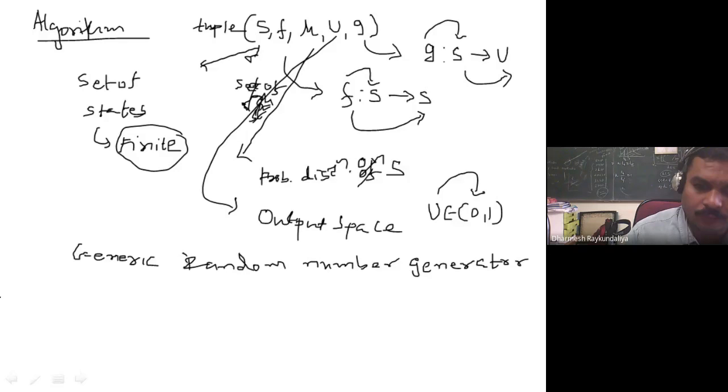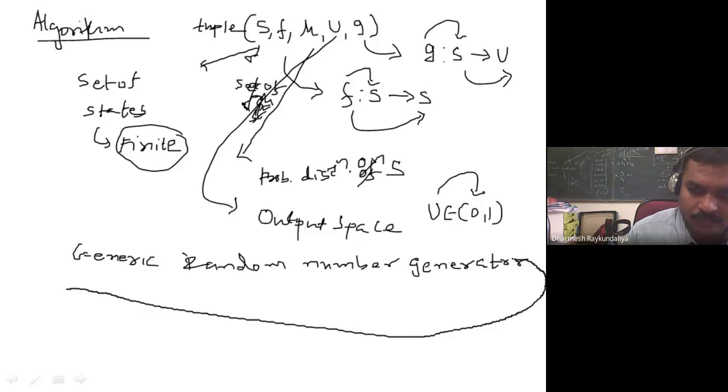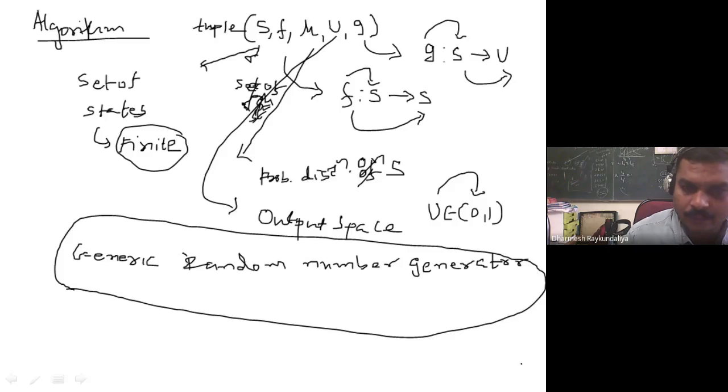If you follow these steps, it will create the random number generator. It will give the series of random numbers, and therefore it is known as a generator. But it is giving a generic result, similar to a generic drug.